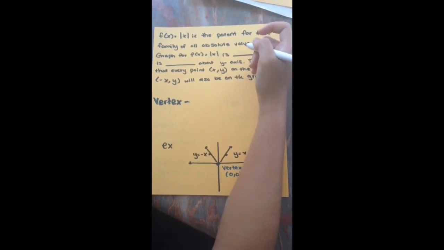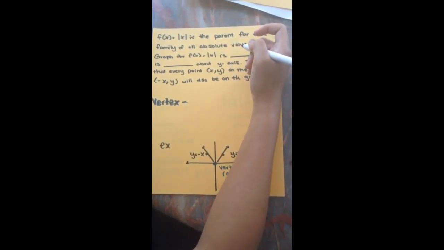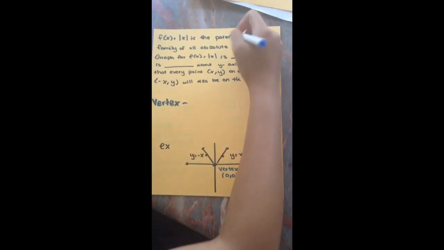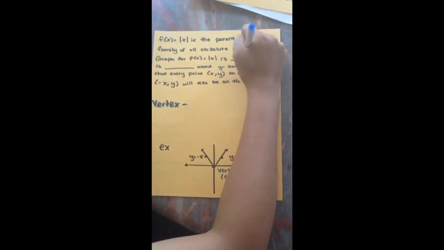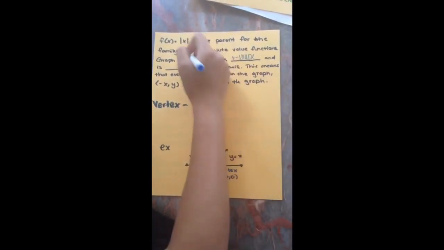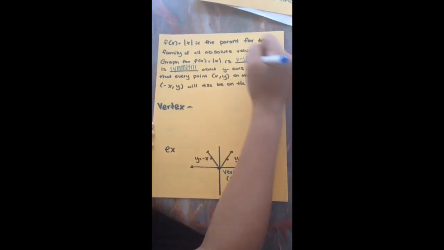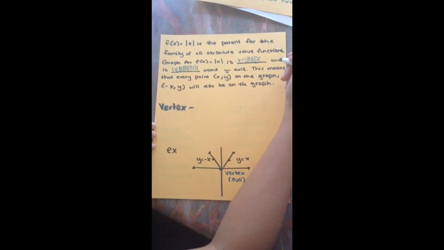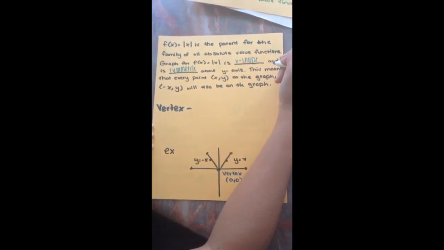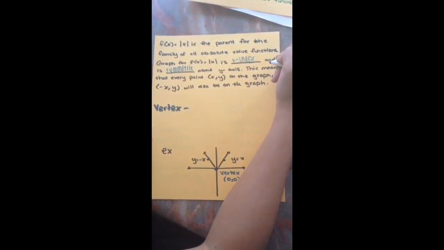The graph for f of x equals absolute value of x is V-shaped and is symmetric about the y-axis. This means that for every point (x, y) on the graph, the point (negative x, y) will also be on the graph.